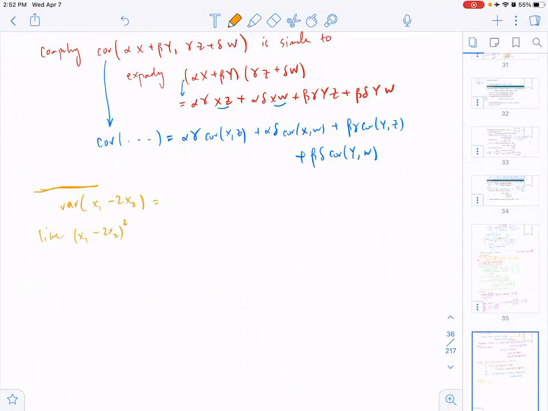Can you expand it? The variance of x1, minus 4 covariance of x1 and x2, plus 4 the variance of x2. That's correct. So everyone sees how this is done.